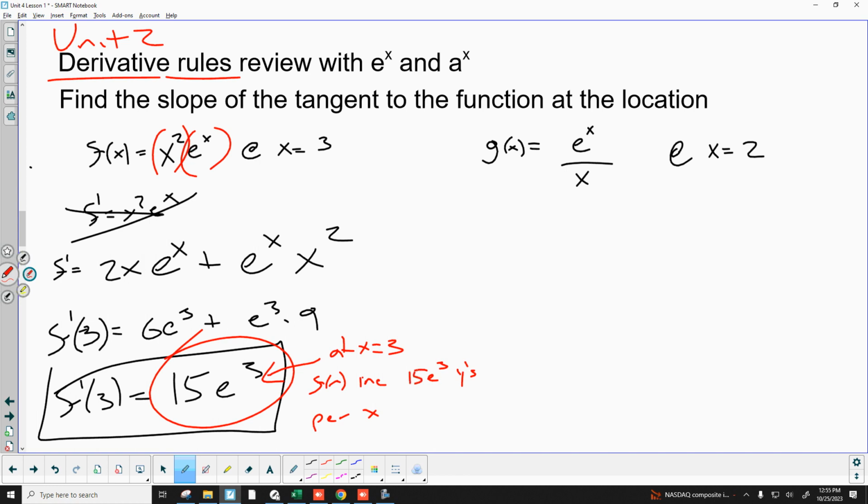Do you remember the quotient rule? Go ahead and rock the quotient rule.